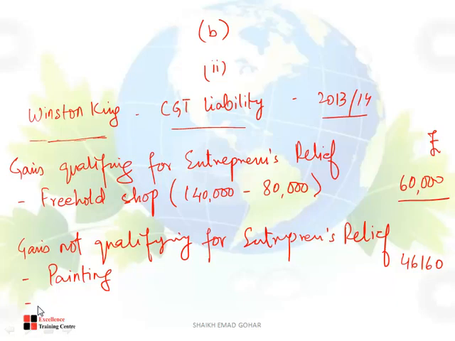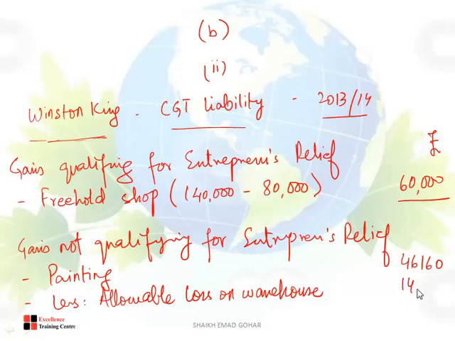Getting my point? So less allowable loss on warehouse. How much? 14,000. So 14,000 is allowable loss on warehouse. How much? 32160.